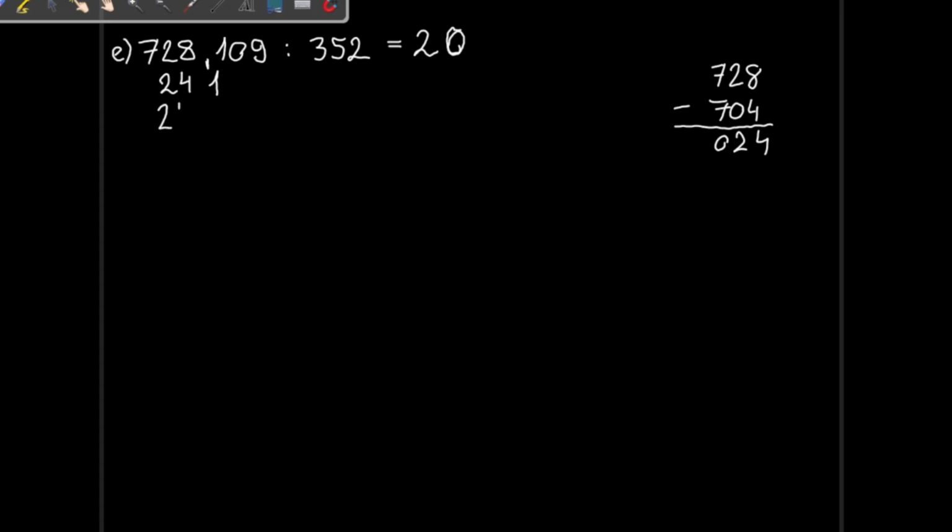So we just copy this and then write the next number down, which is 0. Now this number here is surely bigger than 352. Now how many times can we actually put 352 inside that? Let's try 7 for example.